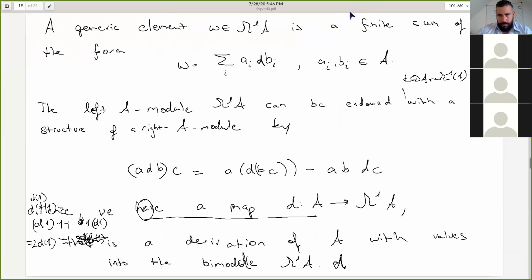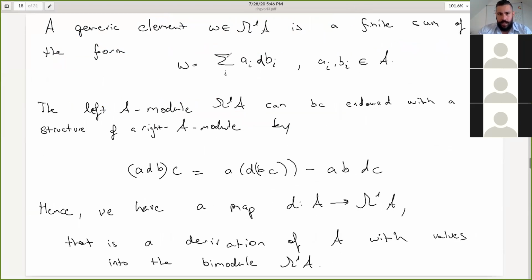Now, a generic element omega of omega 1 A is a finite sum of the form a_i d b_i, where a_i and b_i are just elements of the algebra. Just as is the case that you know already from vector spaces, where you define one forms as linear combinations of elements.